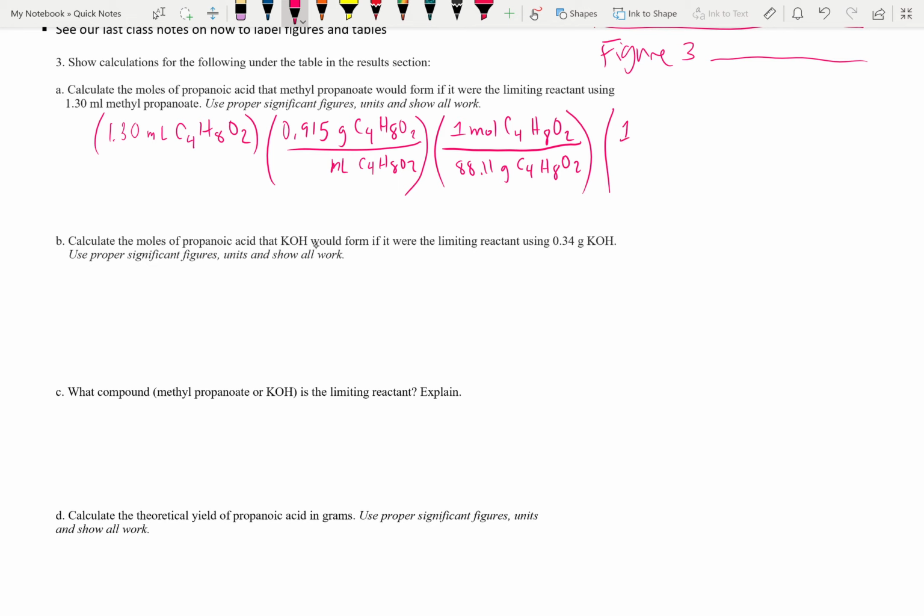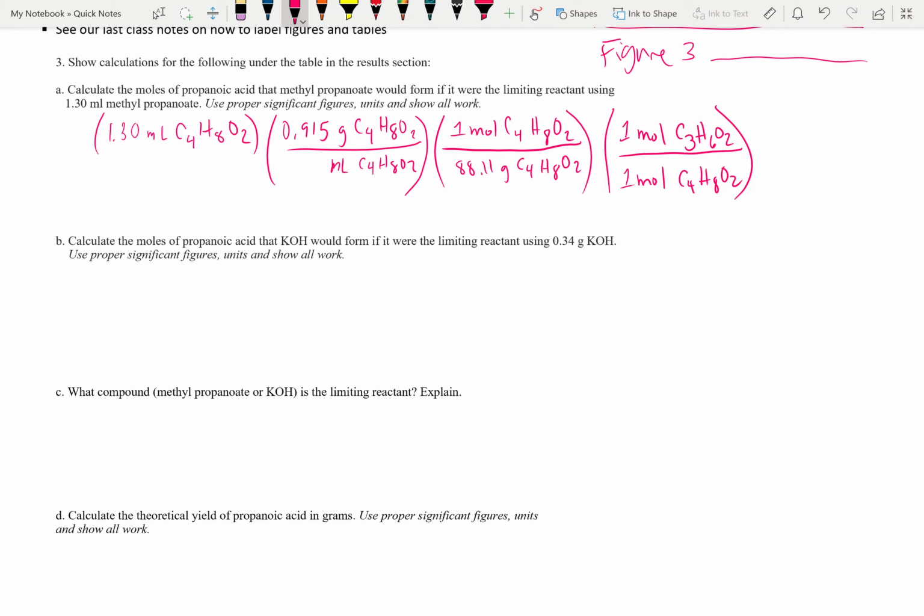So we are creating 1 mole of propanoic acid, which is C3H6O2, by using 1 mole of methylpropionate, which is C4H8O2.